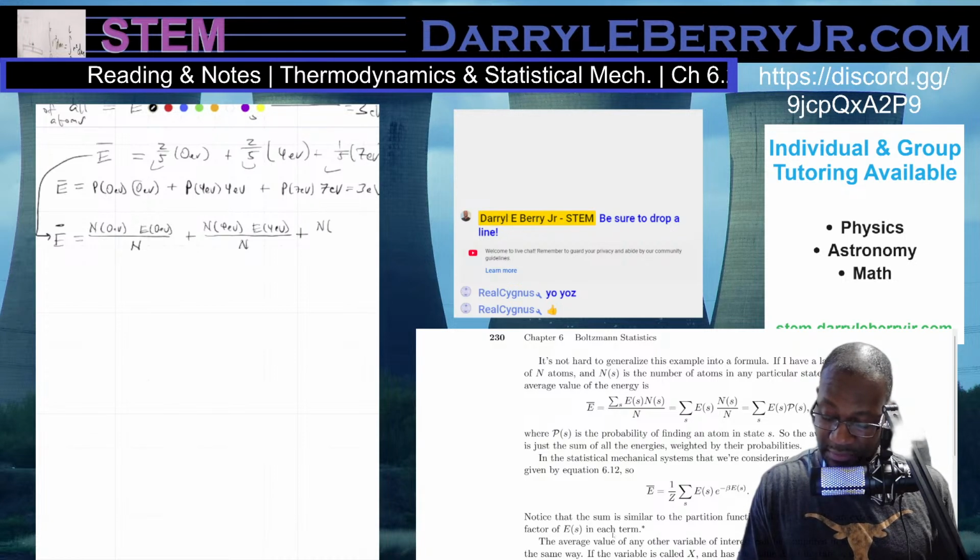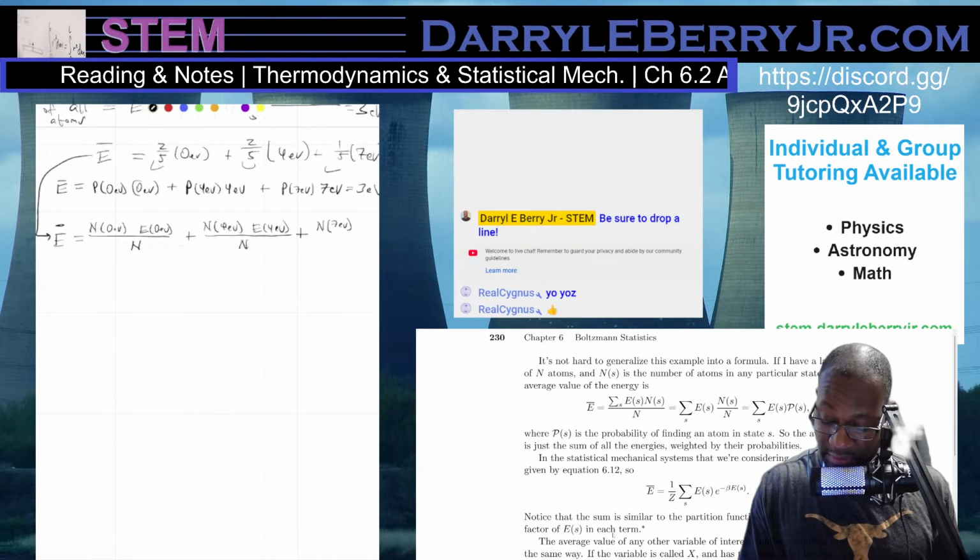We have the number of particles with 7 electron volts times the energy of 7 electron volts.